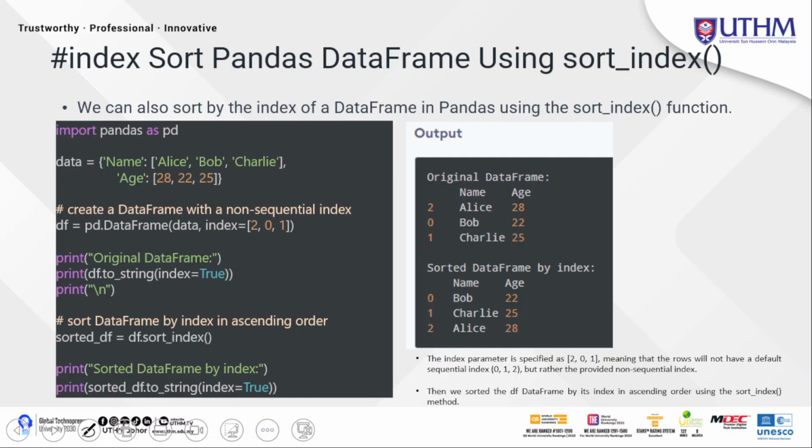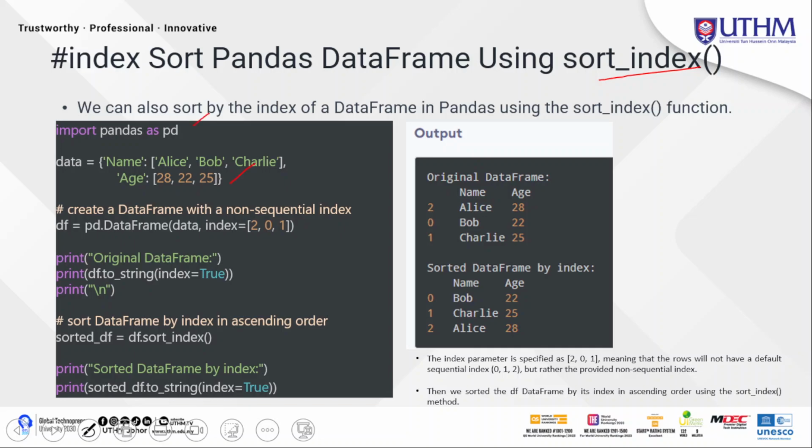Next, sort a pandas data frame using sort_index. This is another method. We can sort by the index of a data frame in pandas using the sort_index function.